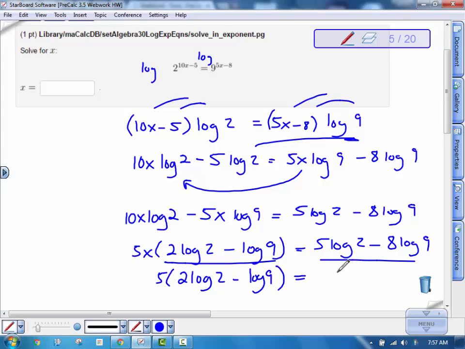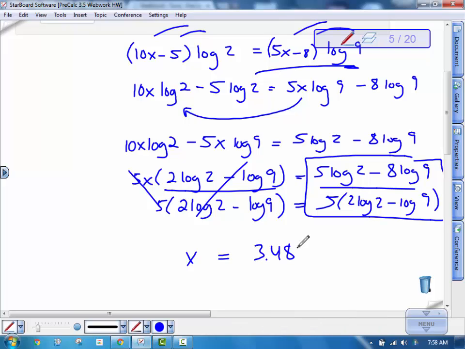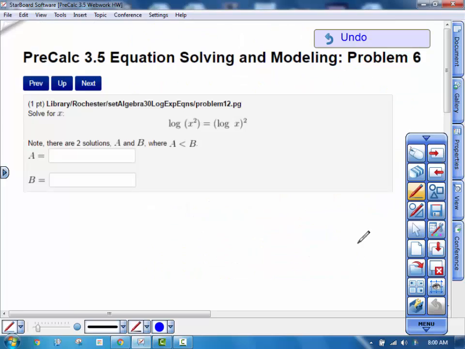So on this side it'd be the same thing, divide by 5 times 2 log 2 minus log 9. And those would cancel, the 5's, and I get x equals this quantity right here, which I can do on my calculator. I know it's kind of a pain, but if you do that in your calculator, you should get this decimal, 3.48. You might want to include a couple extra decimal places, but that's what I get with mine when I plug this in carefully.